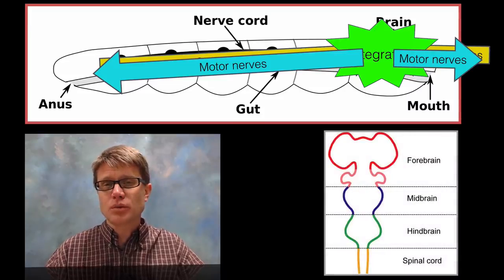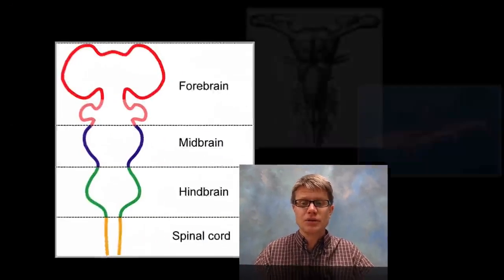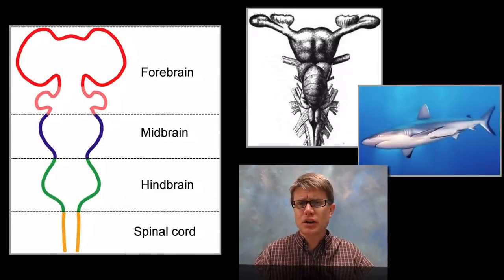If we look at these real primitive brains, we find that they have a real common structure. They have these four humps, and we call those, well, the first one's not a hump, but the spinal cord. We then have the hindbrain, the midbrain, and then finally the forebrain. We find this consistent throughout all animals. If we look at something like a shark, it pretty much looks just like that primitive brain.